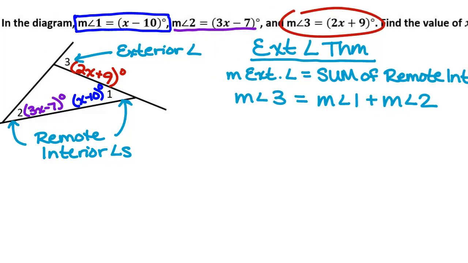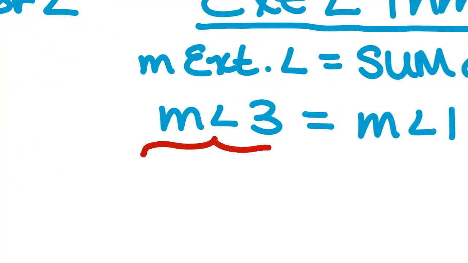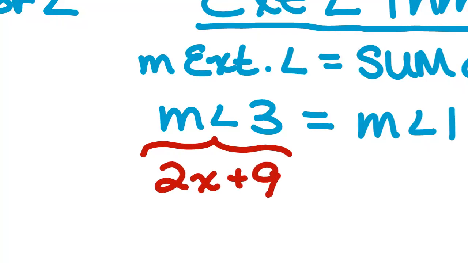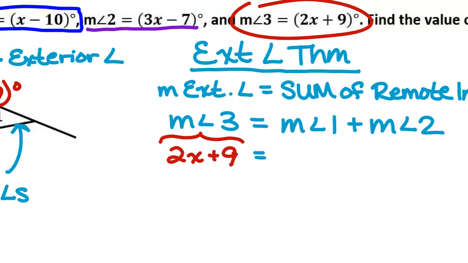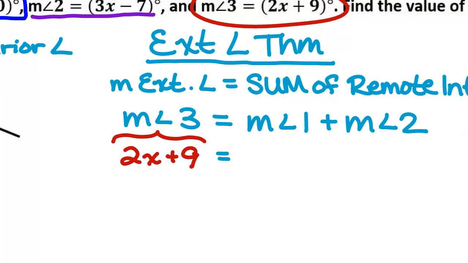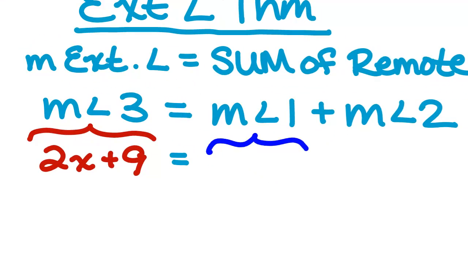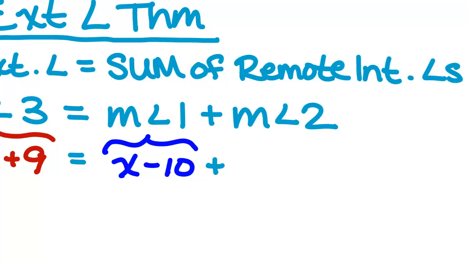Angle 3 is 2x plus 9. So we substitute that in. And then the measure of angle 1 is x minus 10 plus the measure of angle 2, which is 3x minus 7.